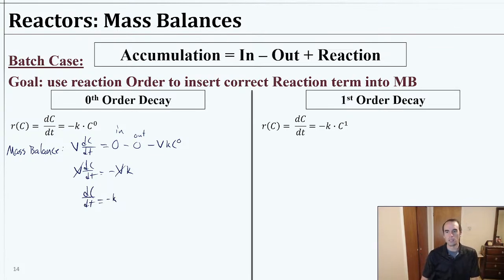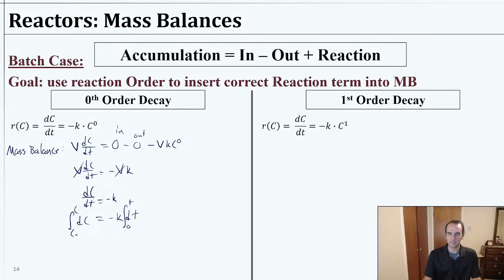So if we take the integral, let's move the dt to the other side, so it's dC equals negative k dt, and we want to take the integration of either side here. We can go from time 0 to time t, and for C from C initial, C0, to some C final.